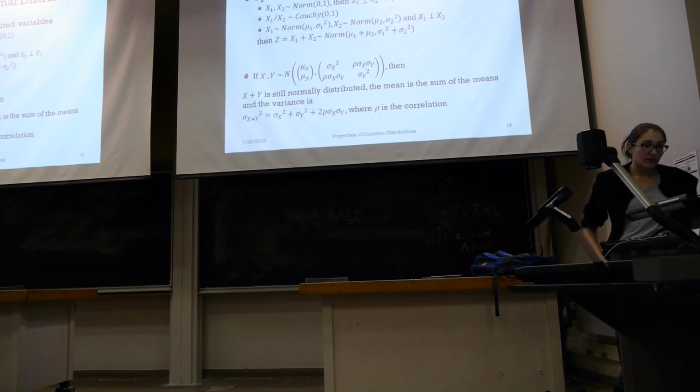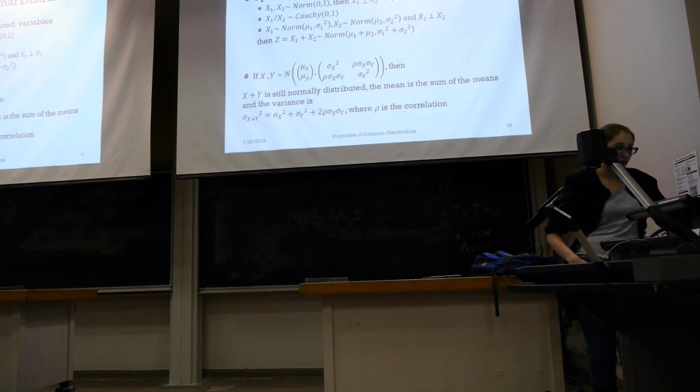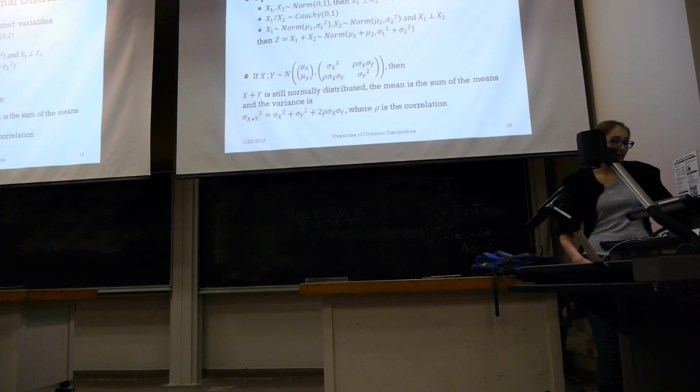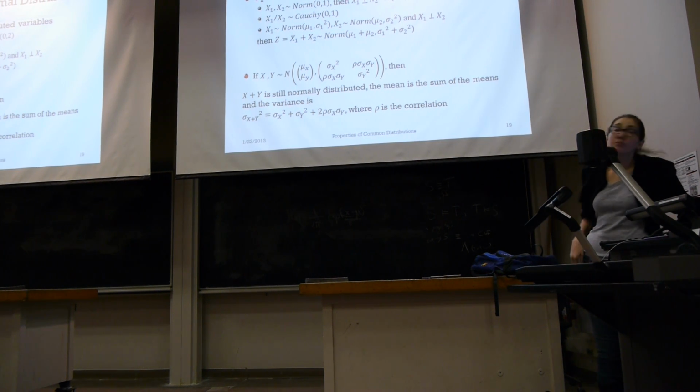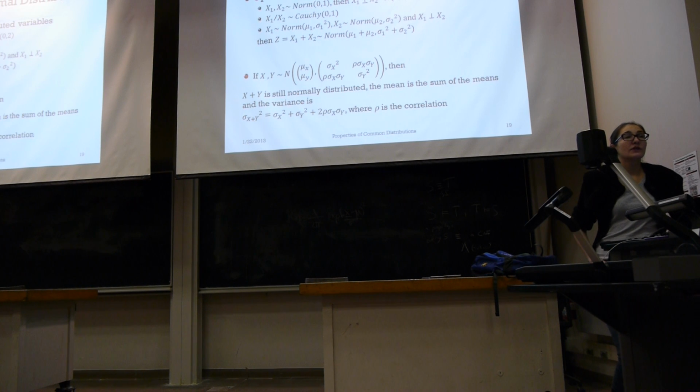Right. So that's how you operate with normally distributed variables. These are some things that you'll use later on. Now let's look at a bivariate normal. So instead of having a single value, you'll have two values, but the two variables are correlated.